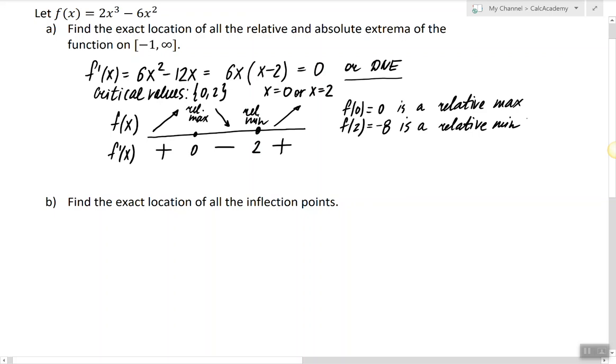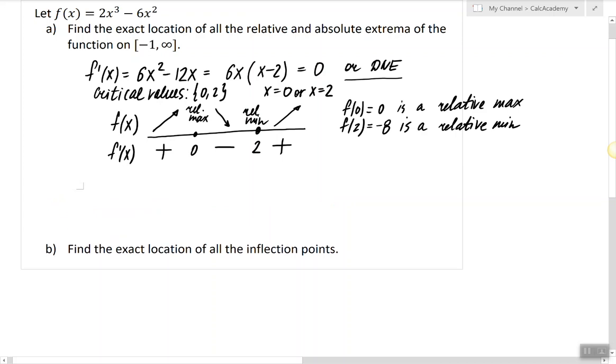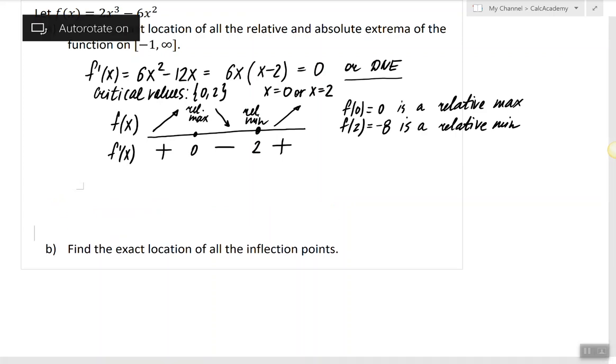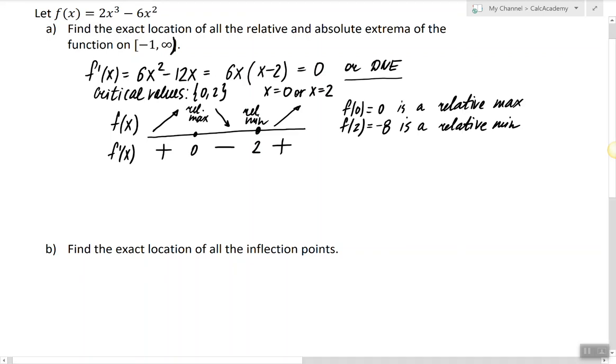To find the absolute minimum and maximum, we have to compare every relative min and max that we found with the value of the function at the end of the domain. So in this case, the domain is from -1 to infinity, and we set up the following table.